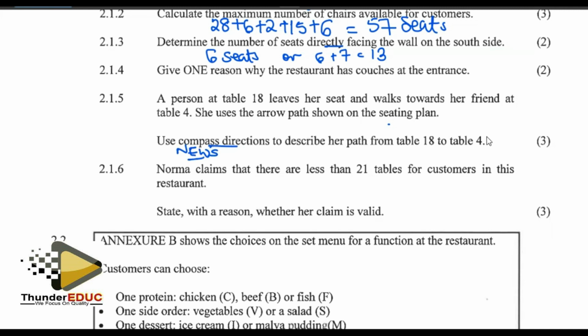Together? So let's go there and we see table 18 is heading to table 4.